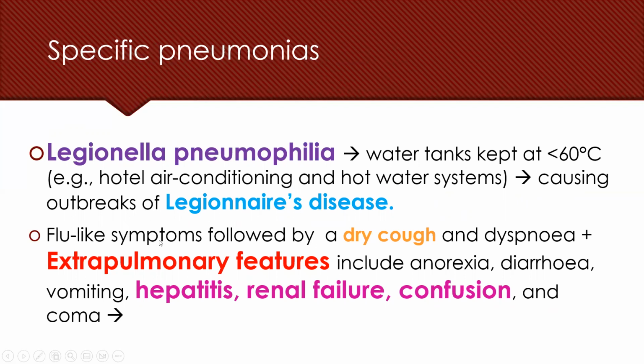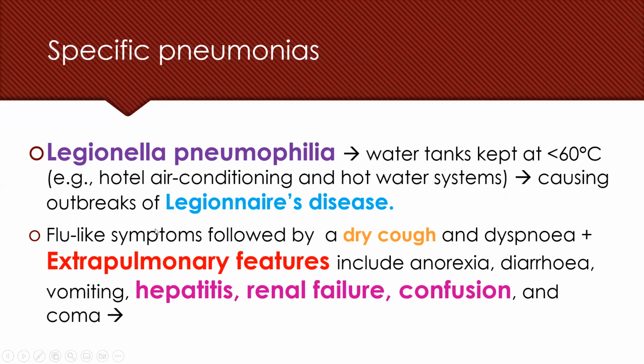There are flu-like symptoms followed by a dry cough and dyspnea with extrapulmonary manifestations. This is very specific to Legionella pneumonia. The extrapulmonary features include anorexia, diarrhea, vomiting, and some organ damage, including hepatitis, renal failure, and confusion, and maybe later on coma.